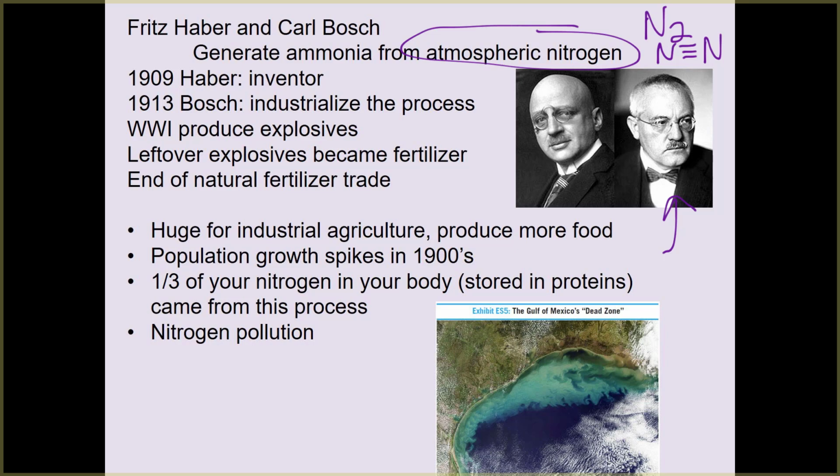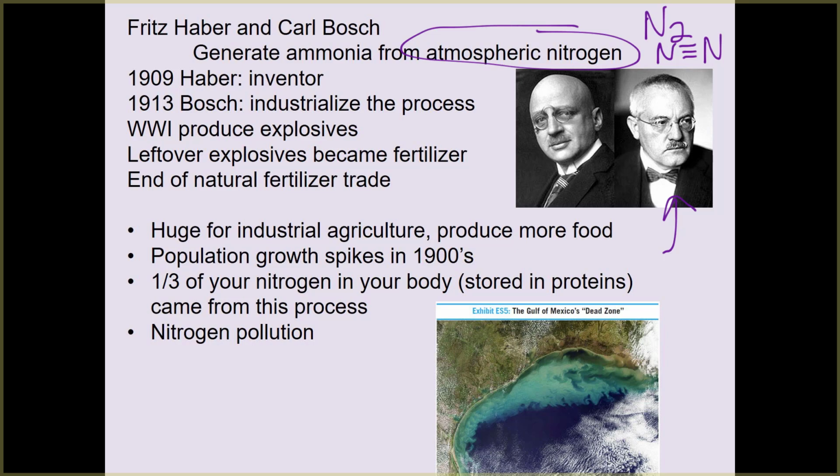And so what we found in the 1800s was a large spike in population because more food could be grown. In fact, 1/3 of the nitrogen in your body comes from this process that Haber invented. This nitrogen is found in your proteins.